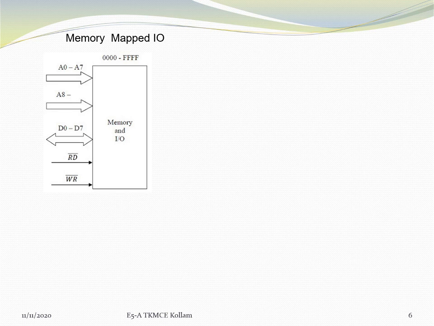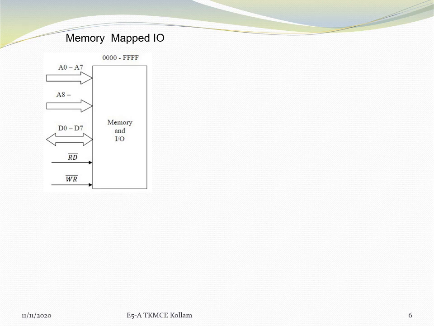The I/O devices share the address space with the memory, and all the memory related instructions are used for addressing I/O devices also. There is no need of separate IN and OUT instructions in order to communicate with the I/O devices.